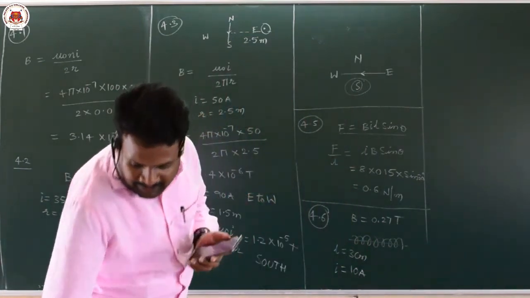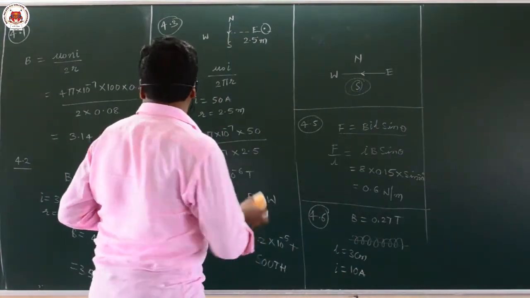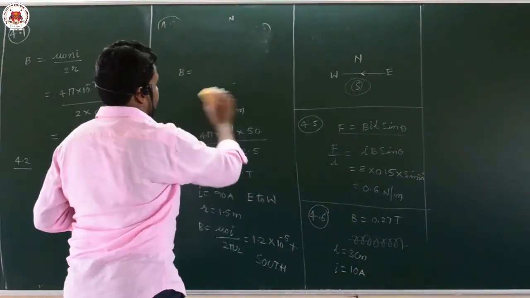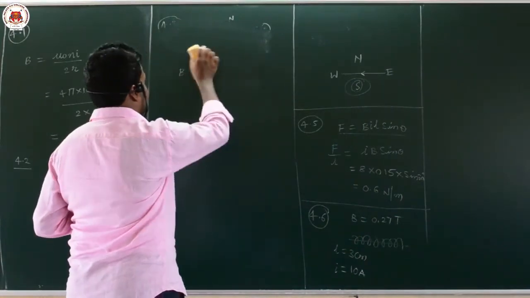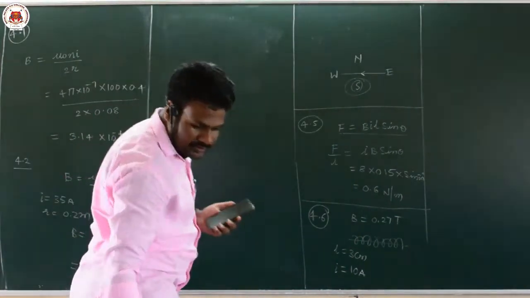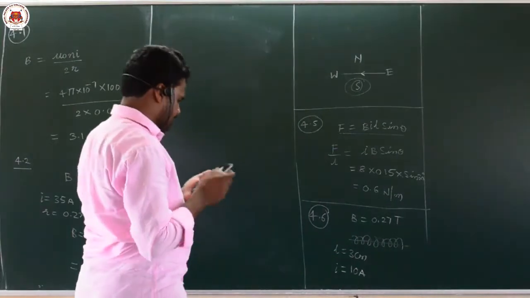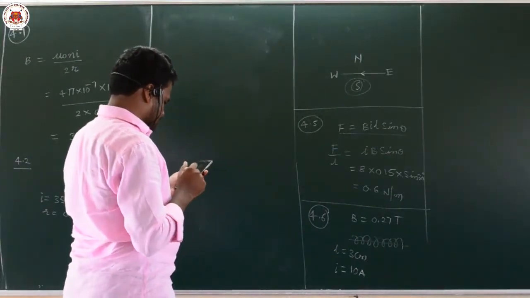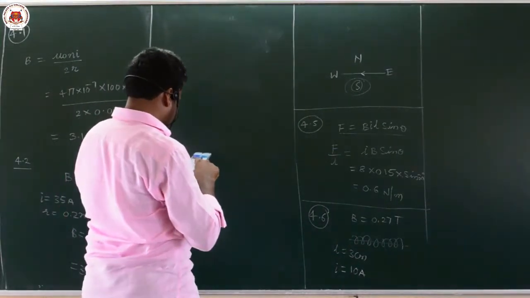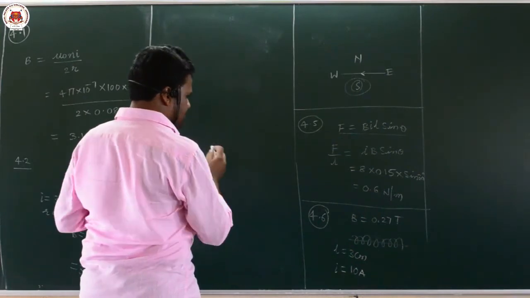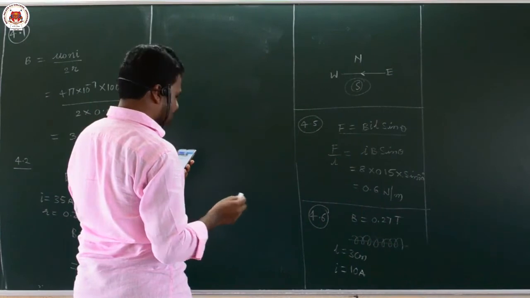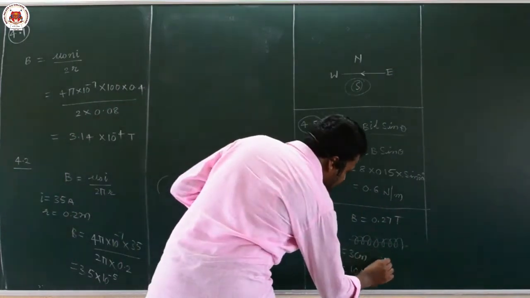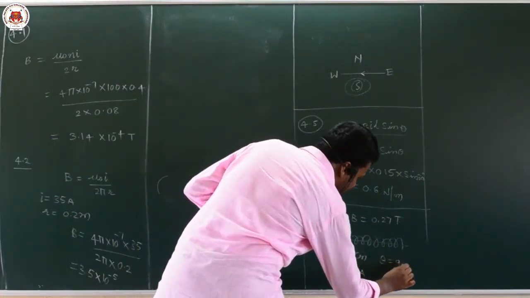And what you have to find is the force acting on the wire which is inside the solenoid. B value is given as 0.27. The angle between the current and magnetic field is 90. Theta is 90 because it is perpendicular.